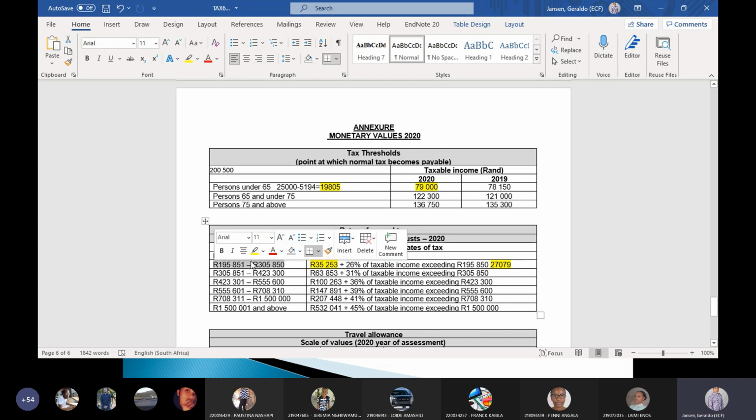People that earn between these amounts will fall in this bracket. Now, do you see 200,000 falls in that bracket? It can't be that one. It can't be this one. So it's that one again. Do you agree with me? Yes. In that case, we'll have to pay a fixed 35,253 again, plus 26% of all the amounts exceeding 195,850.